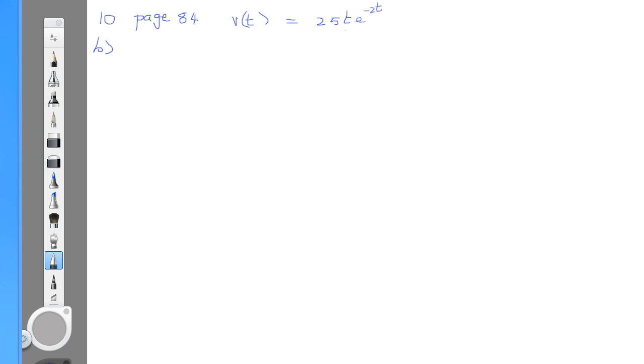So it's going to be a product rule. So acceleration is the first derivative of velocity, and it's 25 times whatever we do.